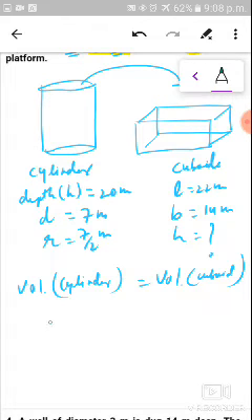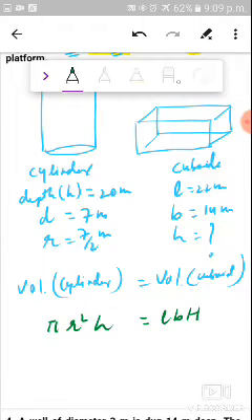That is pi r square h, that is equal to, and what is volume of cuboid? That is length into breadth into height, and for height let me take capital H, so you will not get confused with h, right?